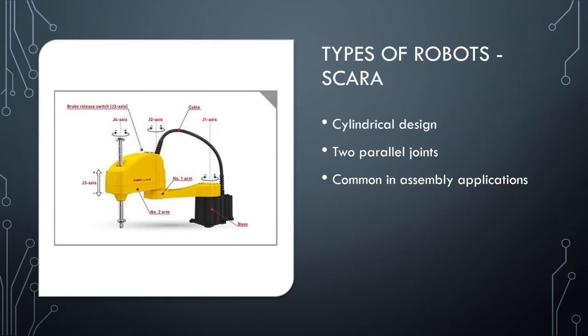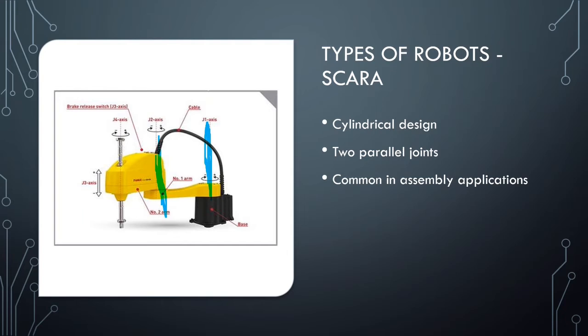Our fifth robot is the SCARA robot. This might look a little similar to the cylindrical robot that we looked at, but it doesn't have as much freedom on the X and Y axes. On our cylindrical robot, this probably would have been able to move up and down, or we would have some sort of up and down linear motion here. But we don't.